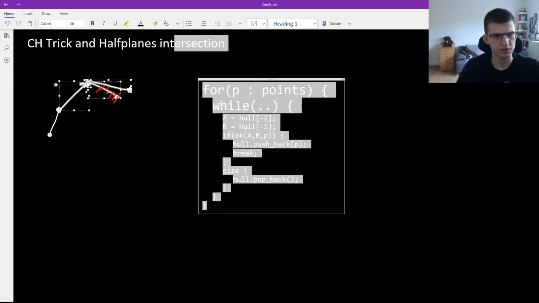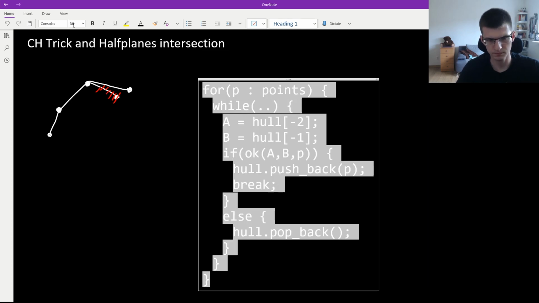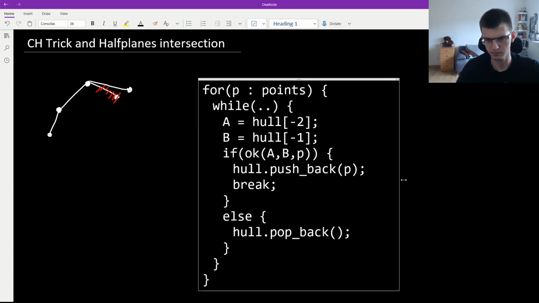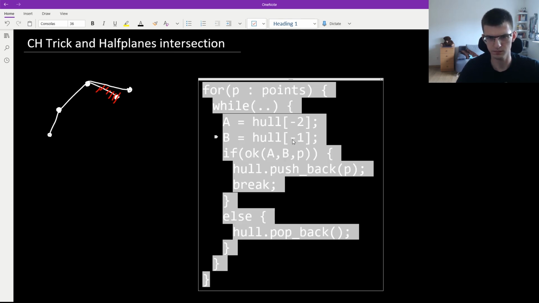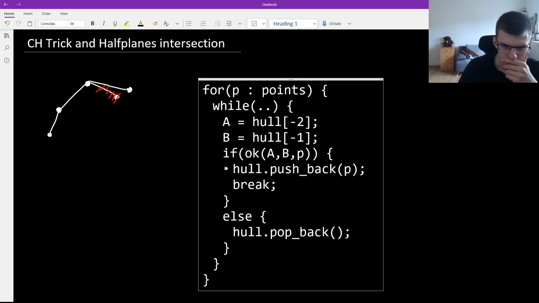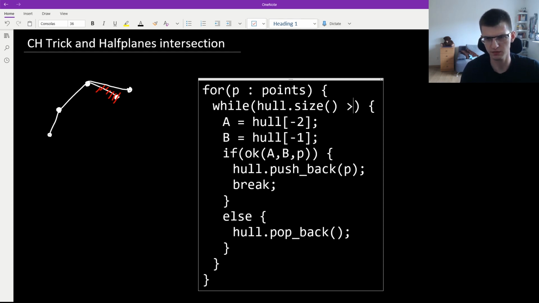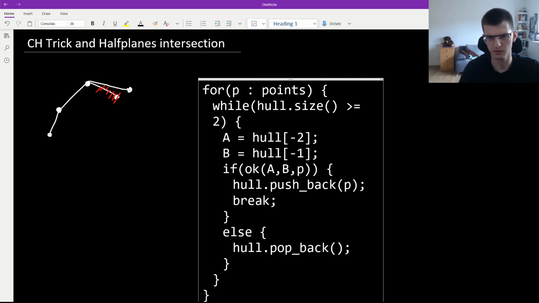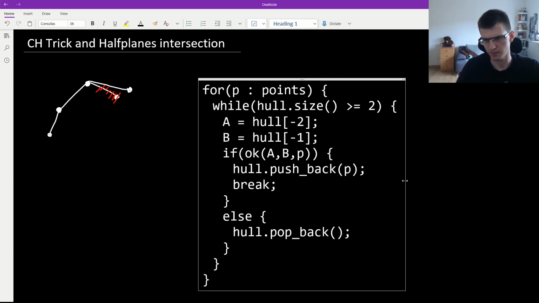We will work with this code. Is it okay? Yeah. Here we need a condition like while the hull size is at least 2. And I think we're good.